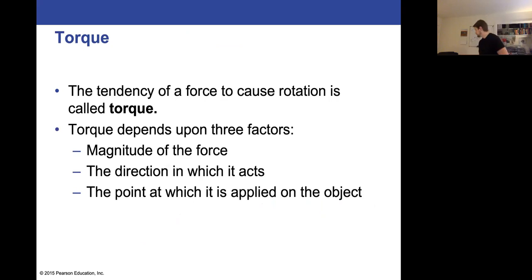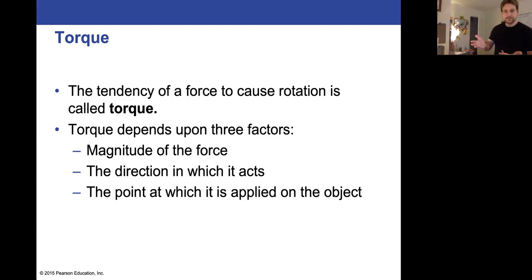Now, we know this is true if what we want to do is close the door.